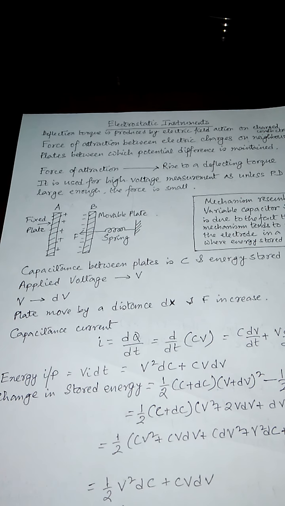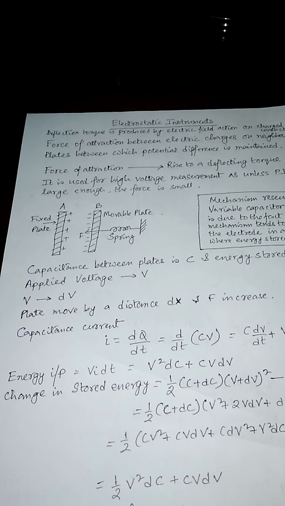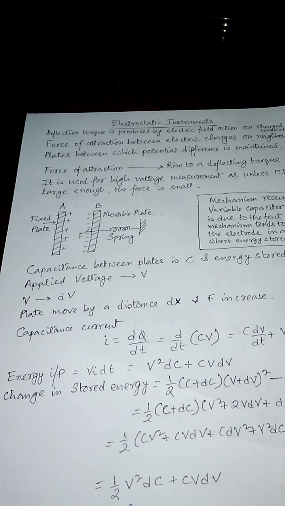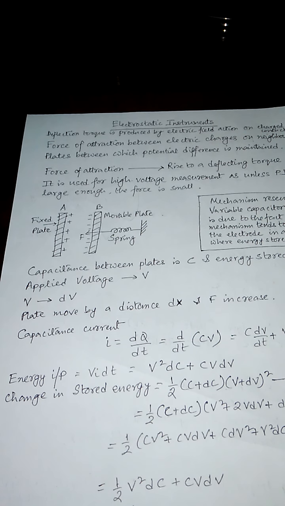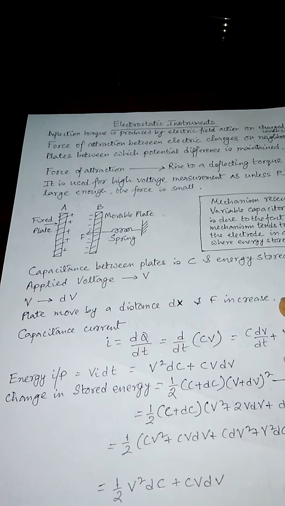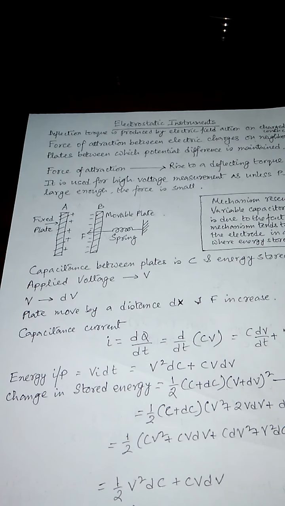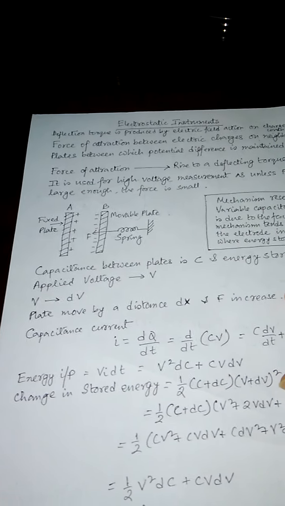From the point of view of analog meters, when we are considering deflection type instruments, the deflection torque generation is the main motto of the instruments, and by that deflection torque, the meters indicate the values of current or voltage which is to be measured.